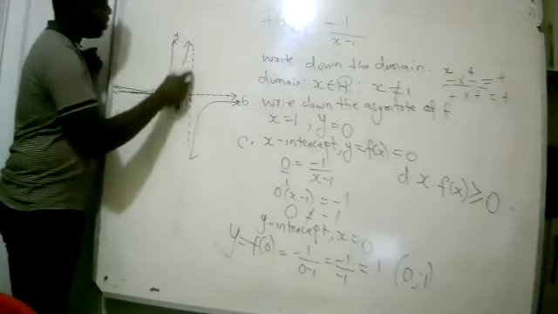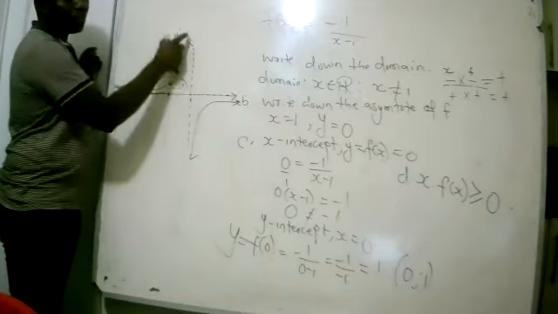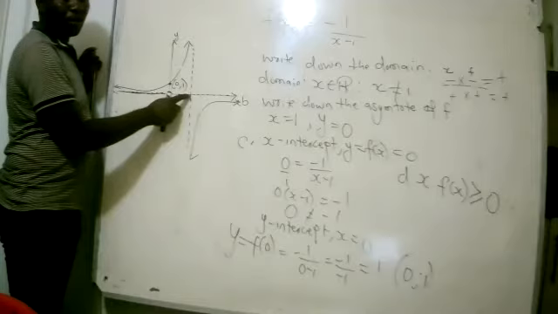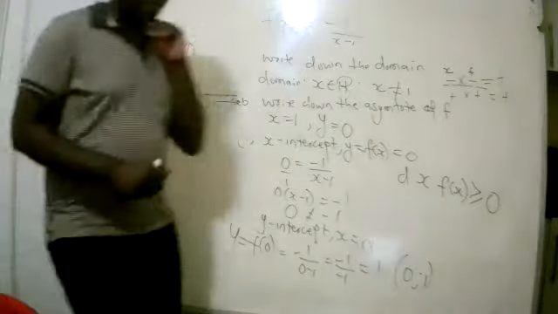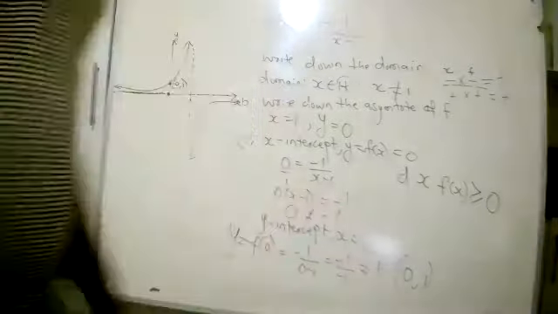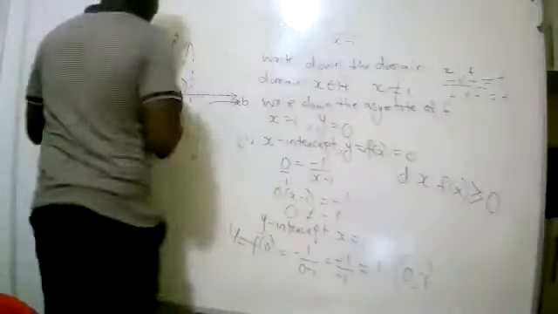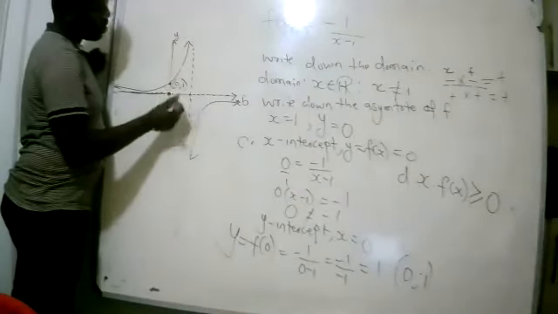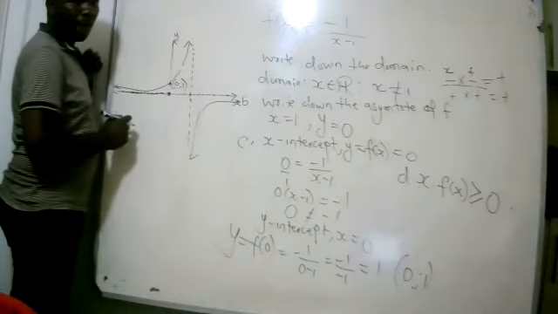Let's check here on this region. Is the graph of f positive or negative from here to there? So you just cut. What did you say? All right. Let me explain again. I'm asking if on this region here, from 0 up to 1, is the graph of f positive or negative?